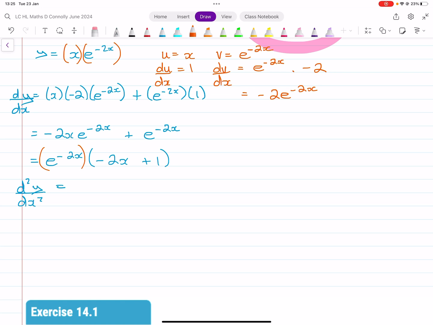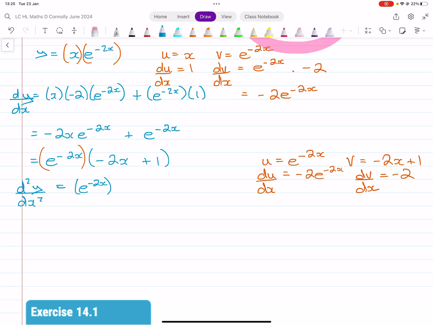Okay, so out here, u is e to the minus 2x and v is minus 2x plus 1. du/dx is, I've done this already, so it's minus 2e to the minus 2x, and then dv/dx is just minus 2. Then I can sub them back in, so u is e to the minus 2x, dv/dx is minus 2, plus v, which is minus 2x plus 1, by du/dx, which is minus 2e to the minus 2x.